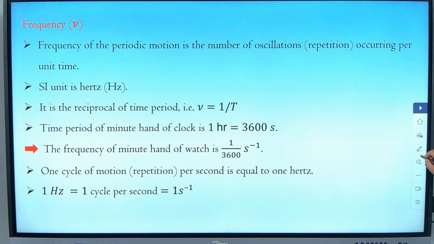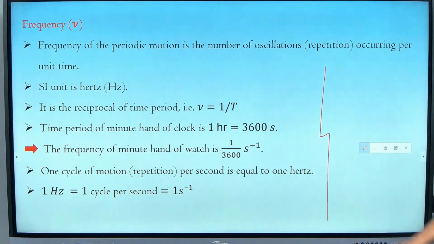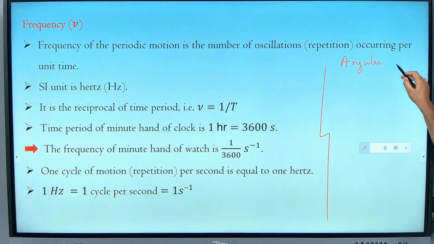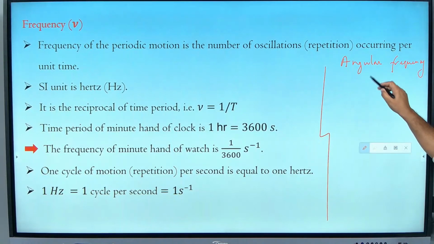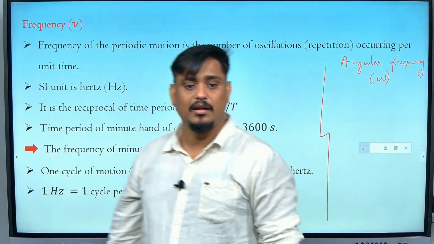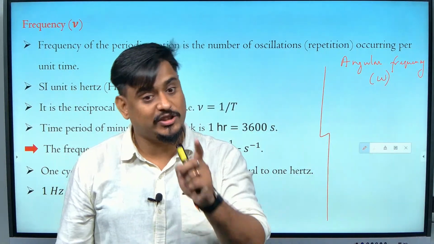I hope you are understanding, isn't it? Also at this point of time, I would like to talk to you about angular frequency. Like how we told frequency, we have something called angular frequency, which you studied in 2 chapters. You studied about this topic in motion in a plane, and in rotational mechanics also.